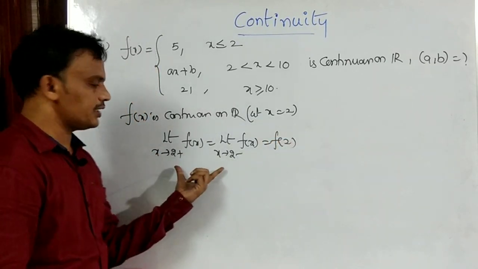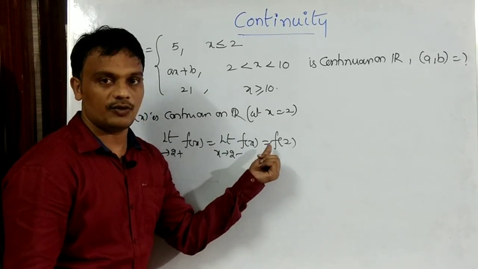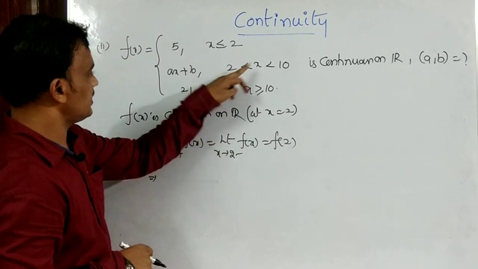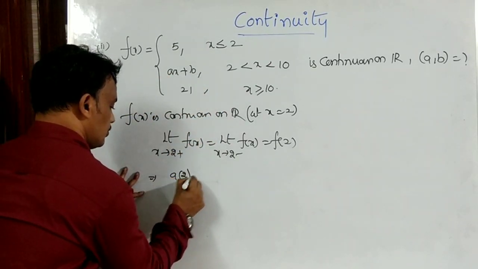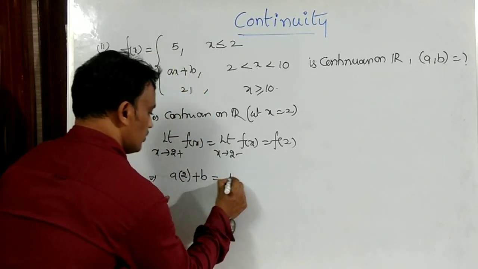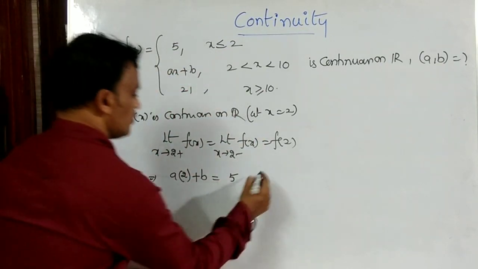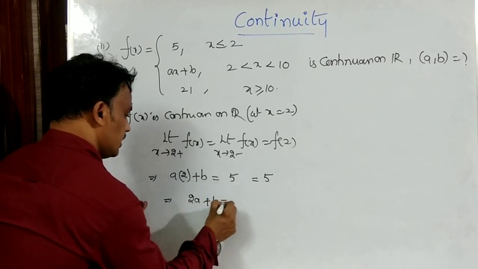I mean the limit will exist when right limit equals left limit, which equals the value at x equals 2. For 2 plus, x greater than 2, whose value is a times 2 plus b, equals 2 minus, less than 2, whose value is 5. Of course, f of 2, also less than or equal to 2, has value 5. Then I got one condition: 2a plus b equals 5.